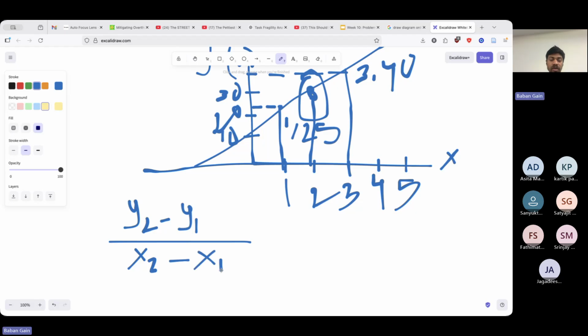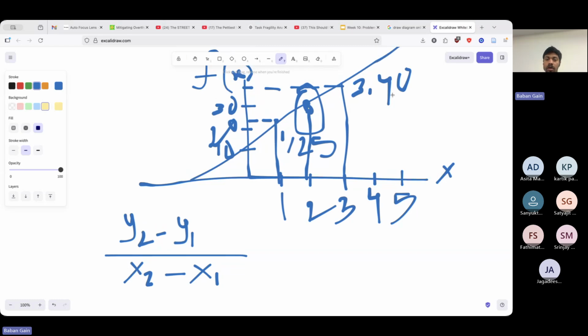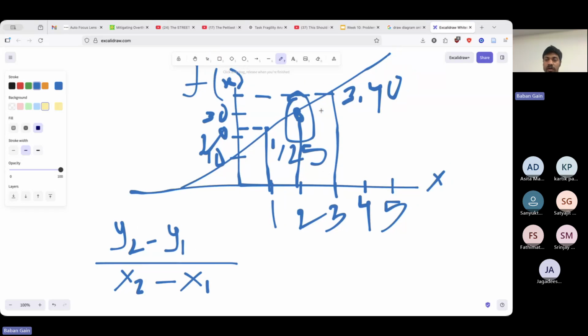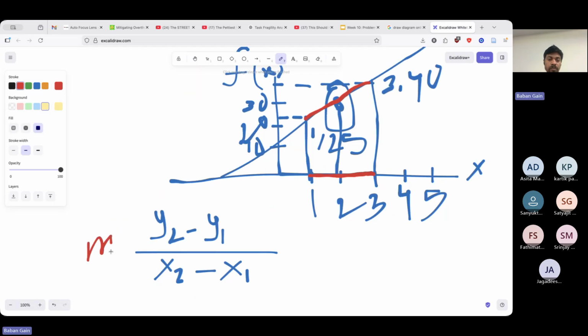So here y2 is 40, y1 is 25, x2 is 3, x1 is 1. So basically you are just trying to find the ratio of the length of this one divided by this one. That's it. So this is what we call slope. It's called m.